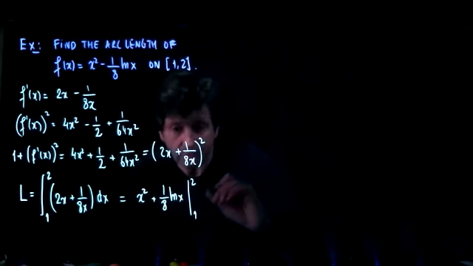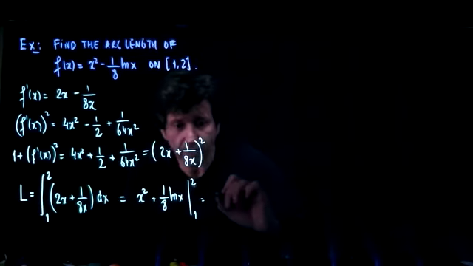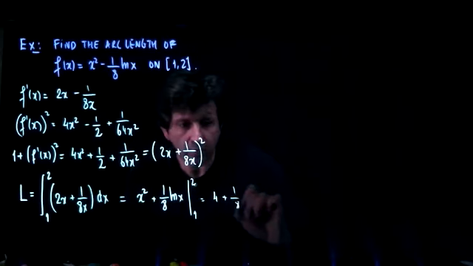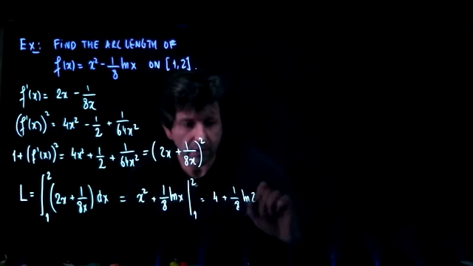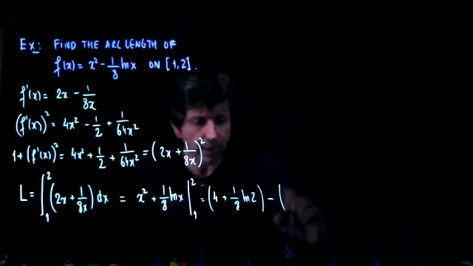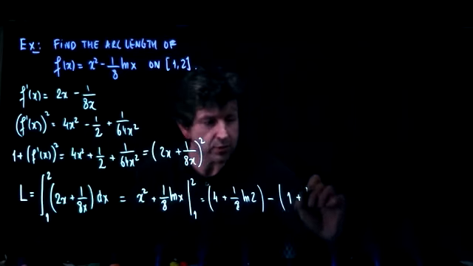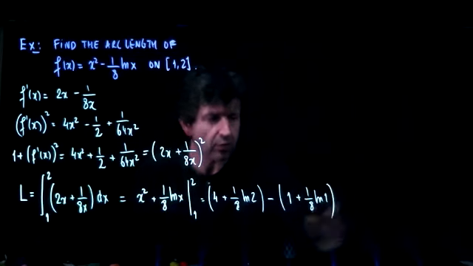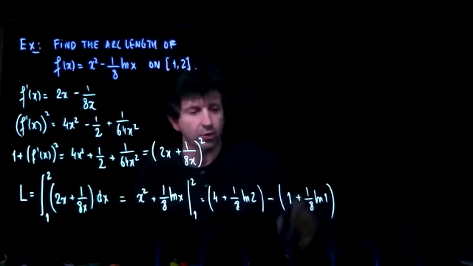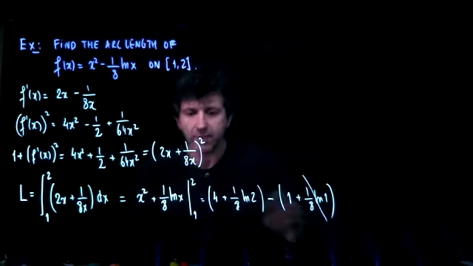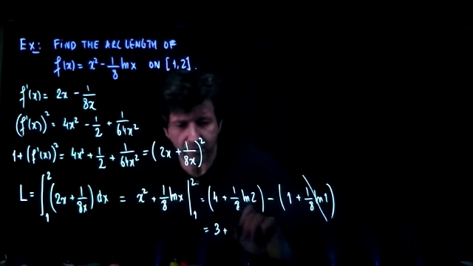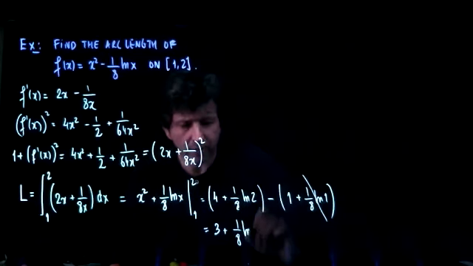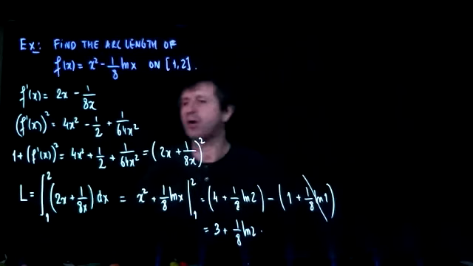If you plug in 2, you get 4 plus 1 over 8 ln of 2, minus 1 plus 1 over 8 ln of 1, which you all know is 0. So my answer is 3 plus 1 over 8 ln 2. This is your arc length.